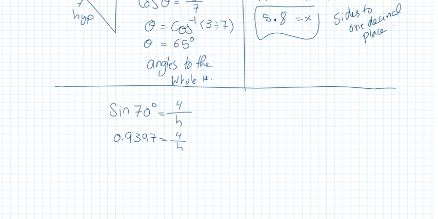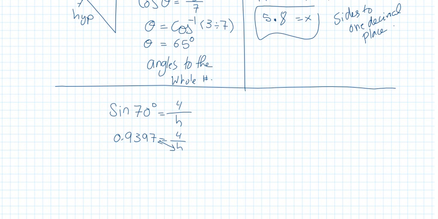So they switch spots. Okay? So h is 4 over 0.9397. Because you're changing the multiplication to division. You're not changing signs. Is that clear? Whenever you're looking for the denominator, this is what happens.